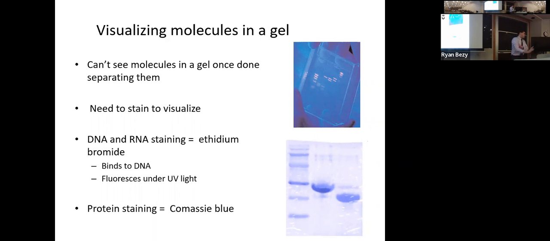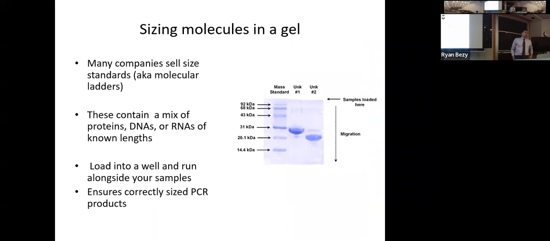Okay. The other important thing in all of this is, remember, gel electrophoresis separates DNA, RNA, and protein based upon the size of the molecules. So one other thing that's often put into these gels are what are called size standards or molecular ladders. Typically you can just purchase these. This, for instance, is a size standard or molecular ladder for a protein gel, something you purchase from a biotech company.